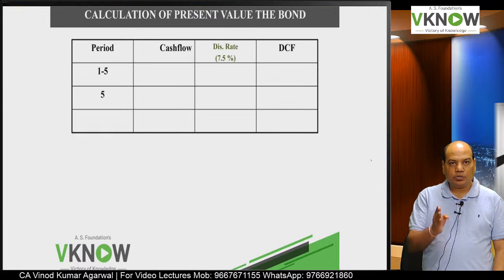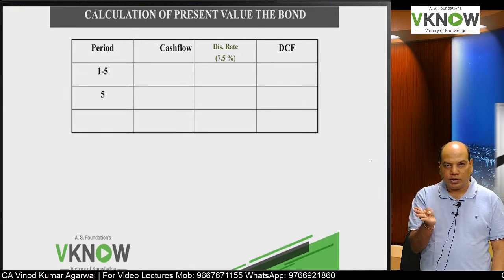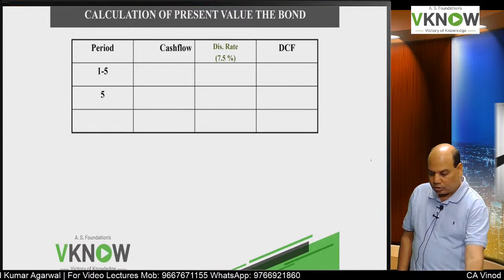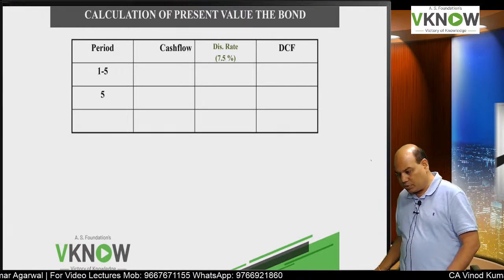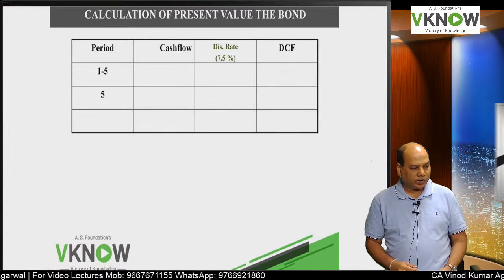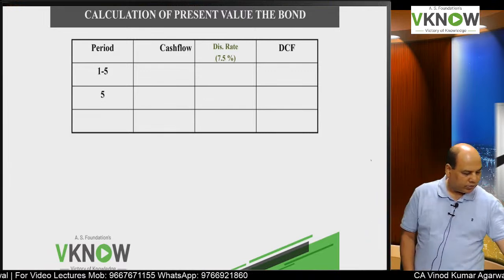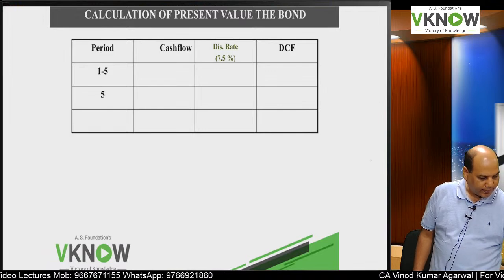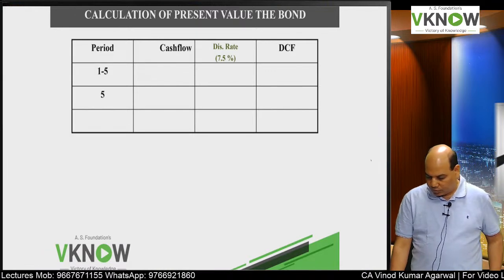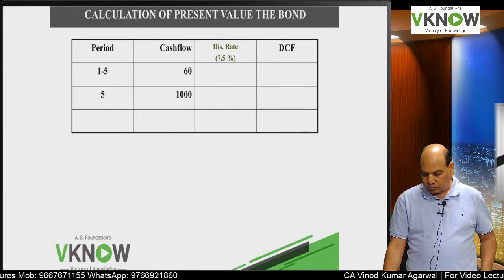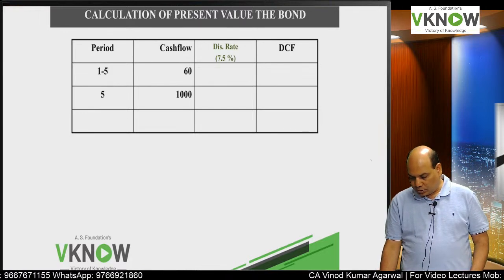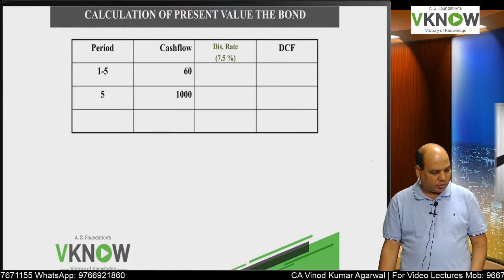Now we'll take discount rate 8 minus 0.5, 7.5%. Discount rate 7.5% and DCF. Then you solve. Year 1 to 5, 60 rupees. 5th year, 1000 rupees.